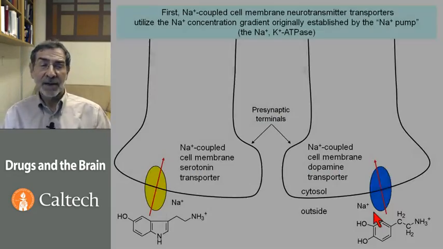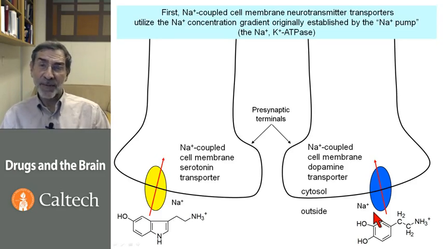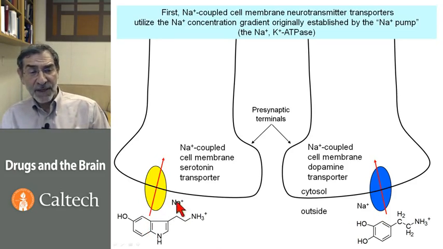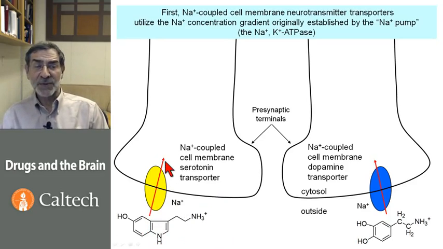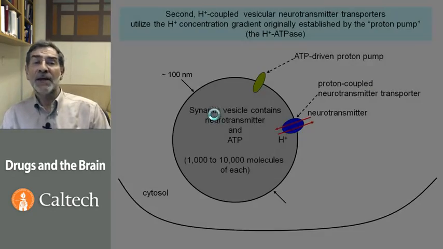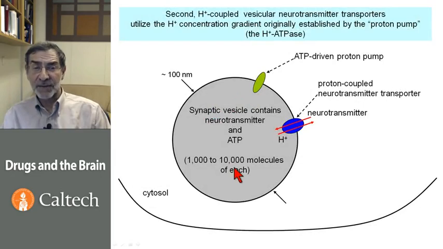In the plasma membrane, going back a slide, we have the sodium pump and the sodium-coupled cell membrane transporter. And then in the synaptic vesicle membrane, we have the proton pump, also driven by ATP, like the sodium pump, and the proton-coupled neurotransmitter transporter.